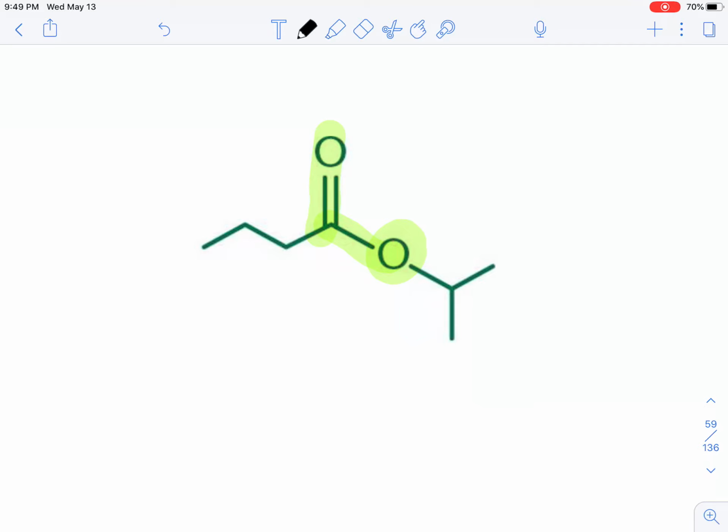And so once I have recognized this pattern, I'm going to go ahead and draw this black line to remind me of which parts to name. So anything to the right of that black line, anything to the right of this ester oxygen, is going to be my substituent.